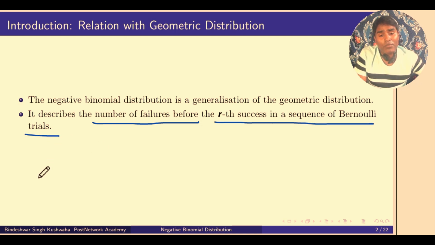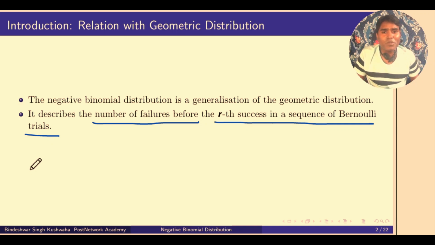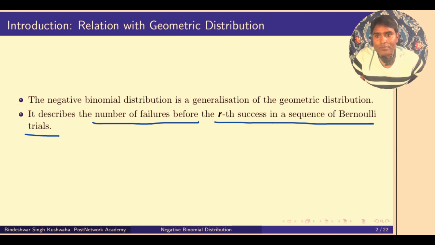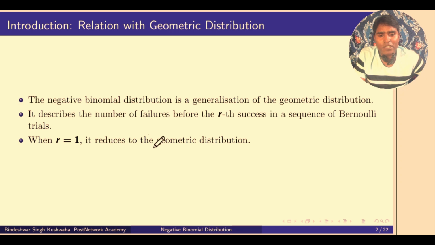This is the main concept. This kind of event is what the negative binomial distribution models. And when r is equal to 1, it reduces to the geometric distribution, as I have discussed, since the negative binomial distribution is a generalization of the geometric distribution.